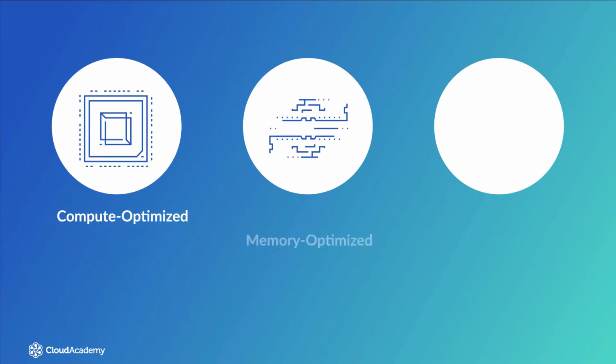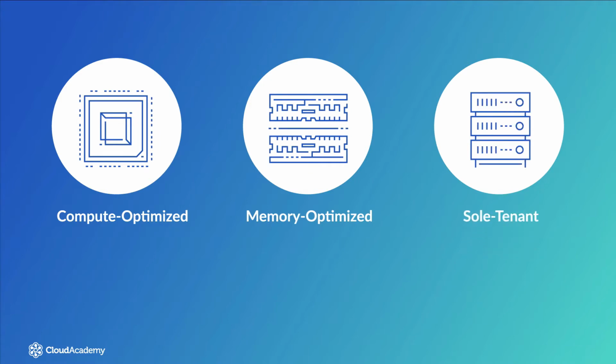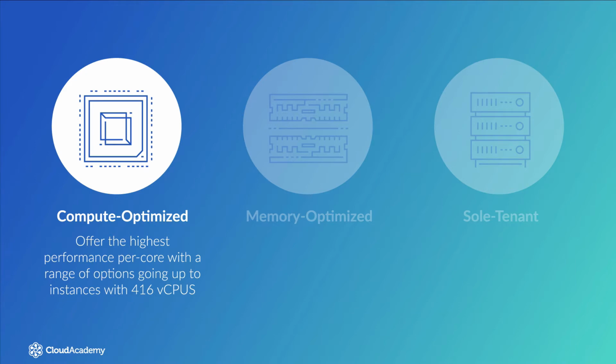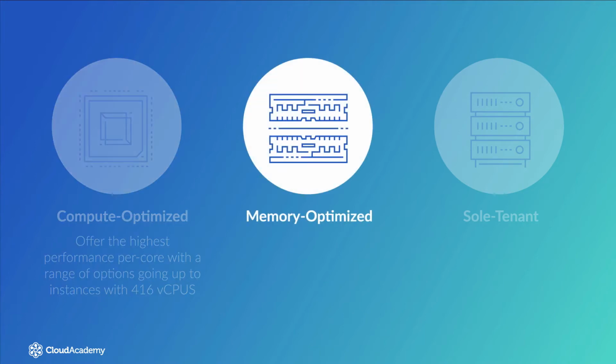Now, as far as hardware goes, there are three main families of instance types. There are compute optimized, memory optimized, and sole tenant. Compute optimized instances offer the highest performance per core with a range of options going up to instances with 416 virtual CPUs. Memory optimized instances are for memory intensive workloads.